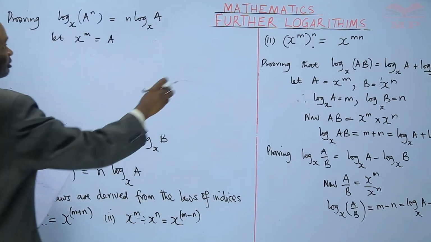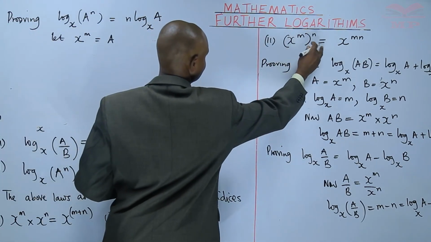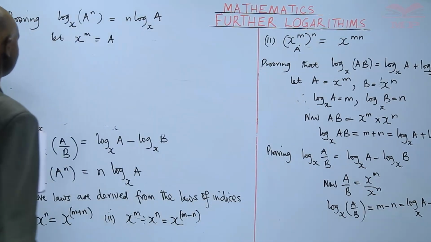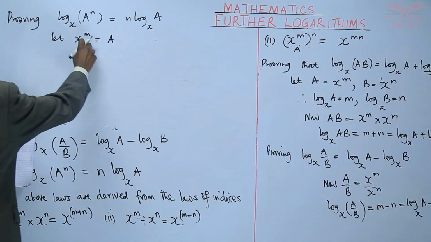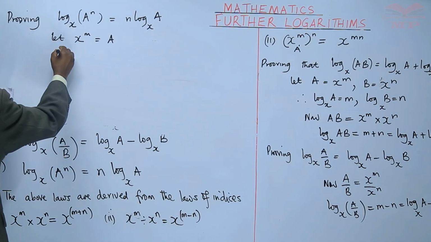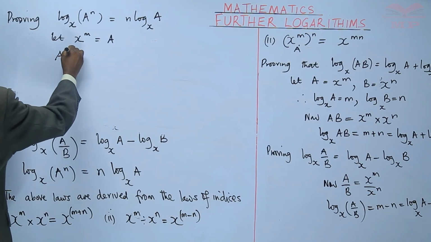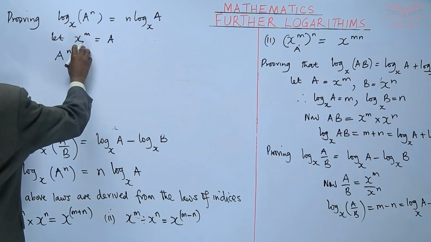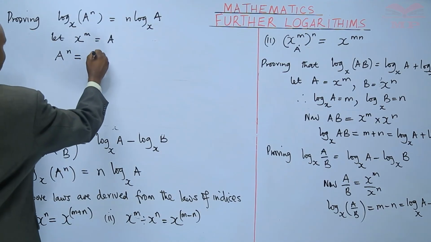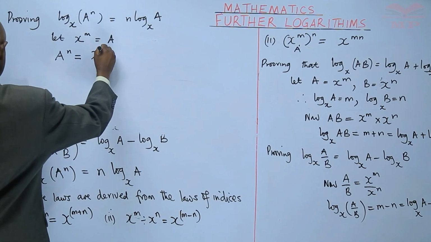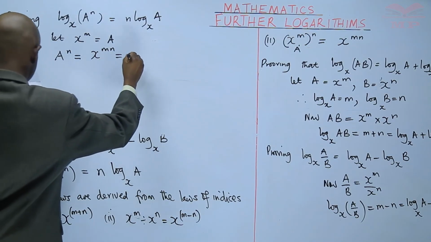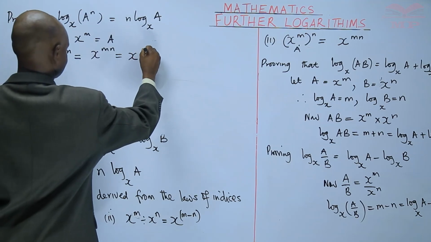So we have m inside, and I've taken this one to be a. So let x raised to m be a. Therefore, a^n, I'll now take the whole of this, will be equal to x^(mn), and it's the same as x^(nm).